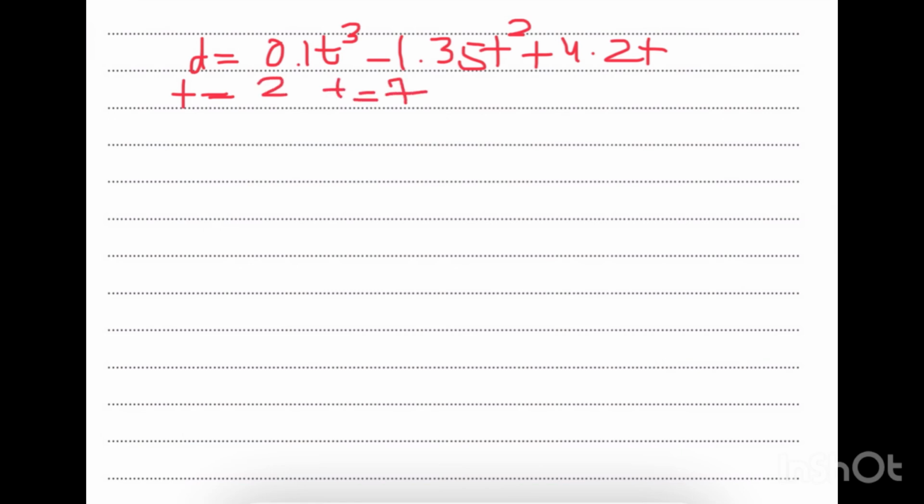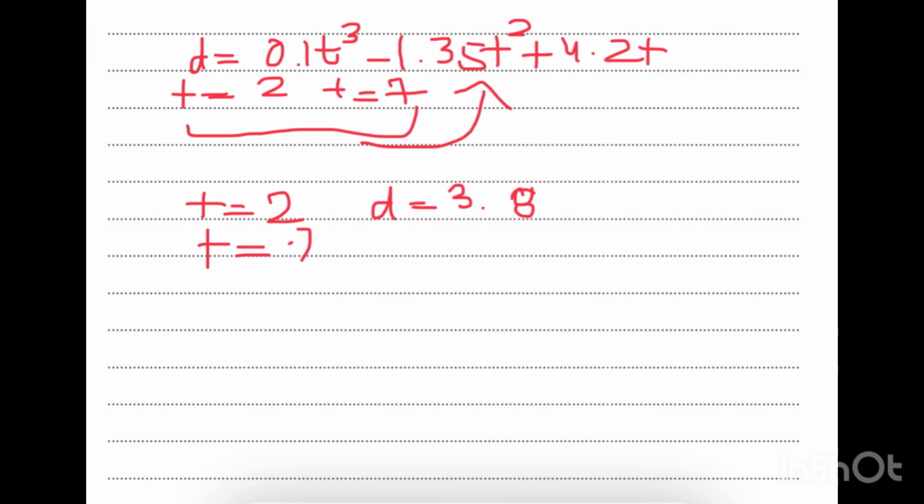Now we can substitute these two values for t back into the displacement formula and find out the displacement at these two points. So when t is equal to 2, the displacement is equal to 3.8, and when t is equal to 7, the displacement is equal to negative 2.45.